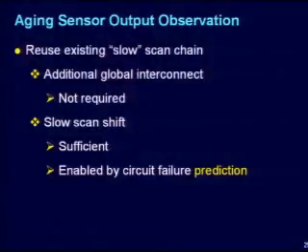Because it is a prediction technique, which means that you are taking advantage of the gradual degradation mechanism, you do not have to get this information out right at the cycle where you have captured that delay shift. You can wait for a while, like the 15 days we were talking about, which means that you do not really have to have at-speed interconnects to do this. You can use the existing scan chain to get the information out. You do not have to add any global interconnects.